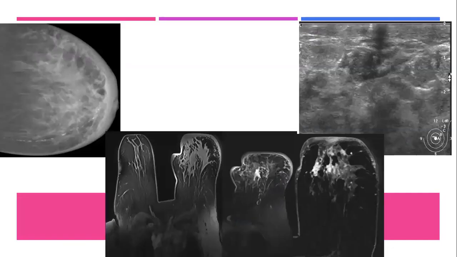Okay, take this case. I will take this case. For the mammography, it is the CC view of the left breast. So there is a large area of architectural distortion associated with thick skin and thickened trabeculation.